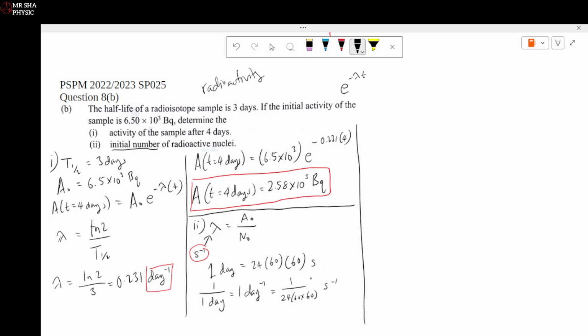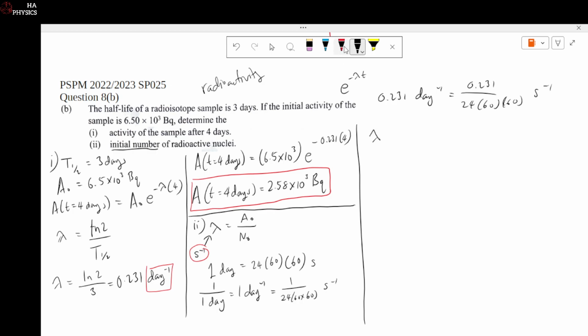So I multiply by 0.231, and 0.231 per day equals 0.231 over 24 times 60 times 60 per second. That is the value of my lambda.